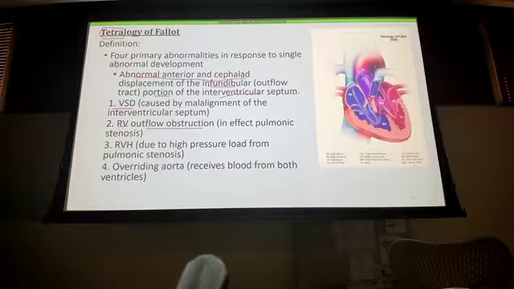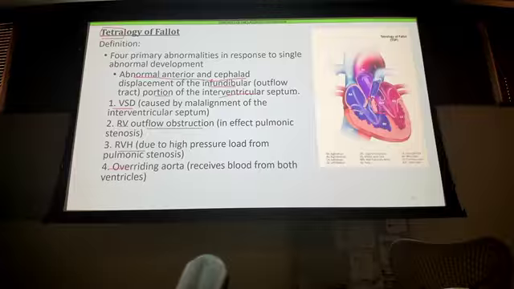Because of that ventricular septal defect and all that extra volume moving from the left to the right, my right ventricle has to work much harder, and I also have a much higher pressure I'm having to work against to get blood through the pulmonic valve. That right ventricle is going to hypertrophy. So now you're going to have RVH associated with this.